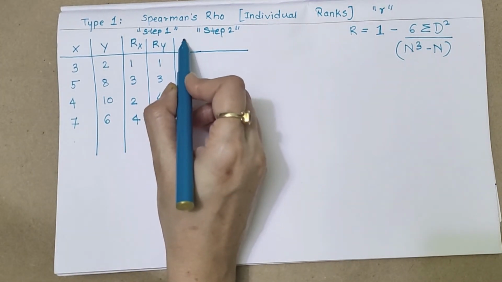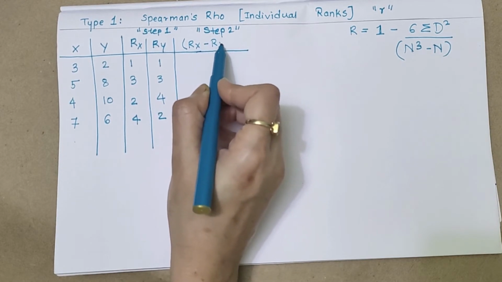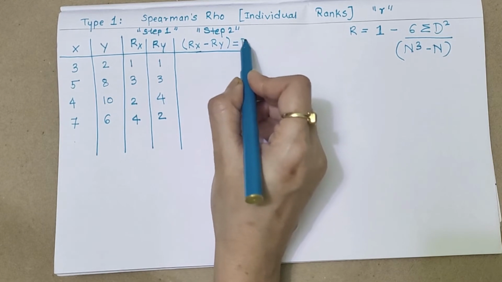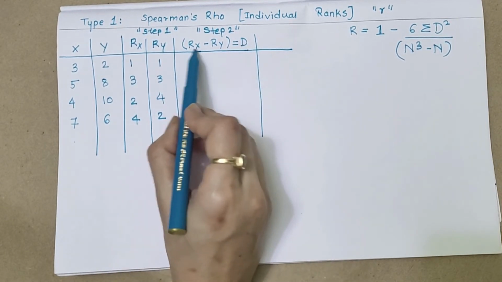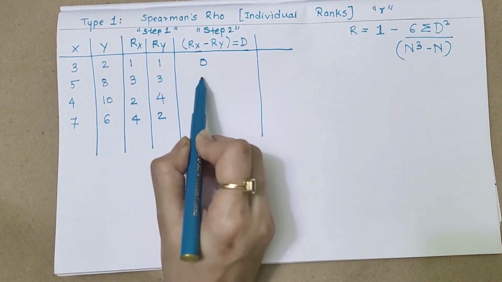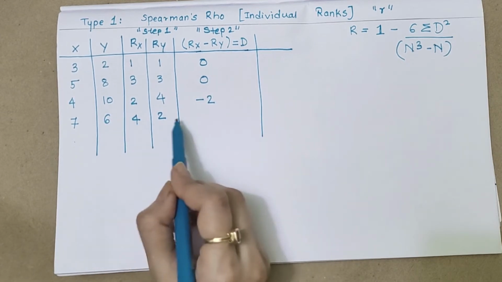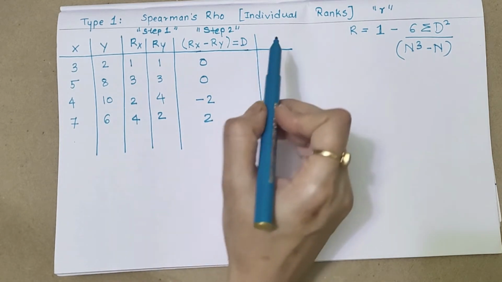So what we need to find out is Rx minus Ry. This is actually nothing but your D. Okay. So now we calculate: Rx minus Ry, 1 minus 1 is 0. 3 minus 3 is 0. 2 minus 4 is minus 2. And 4 minus 2 is 2. Okay. This is your D.